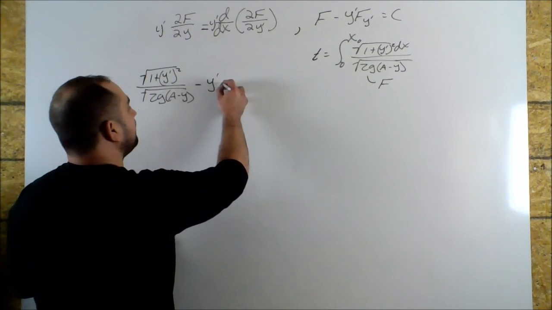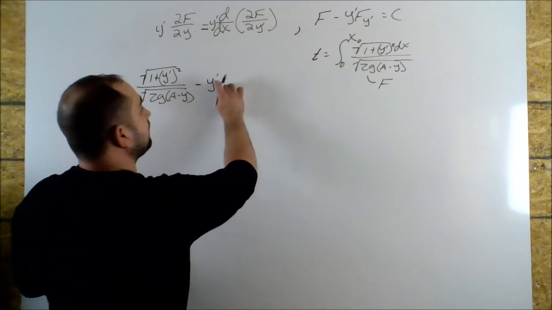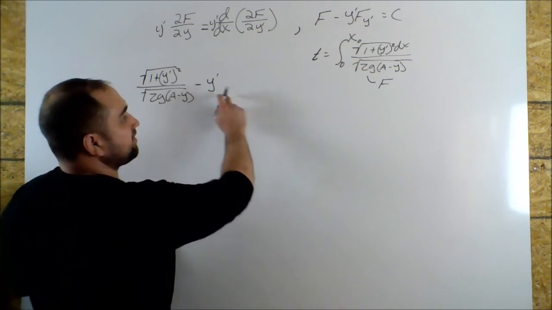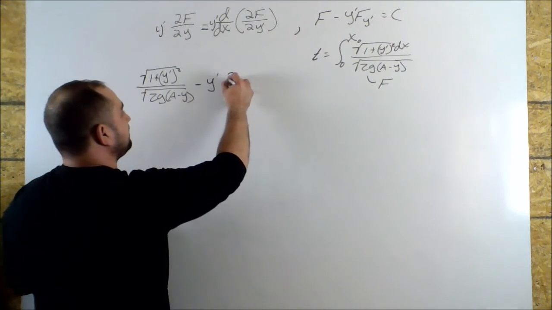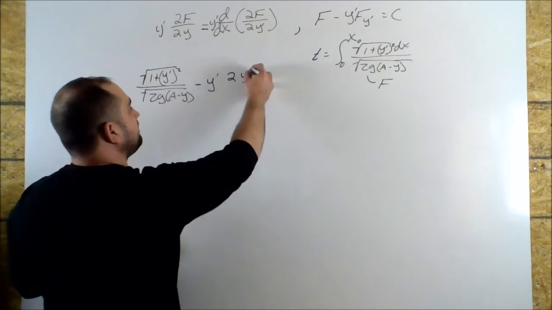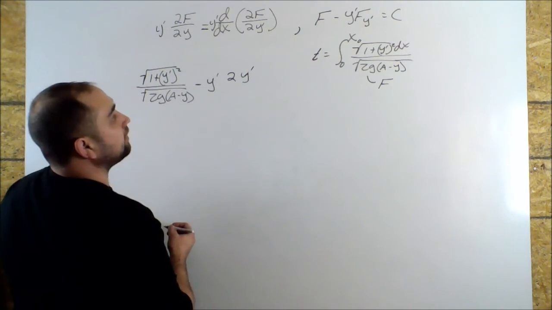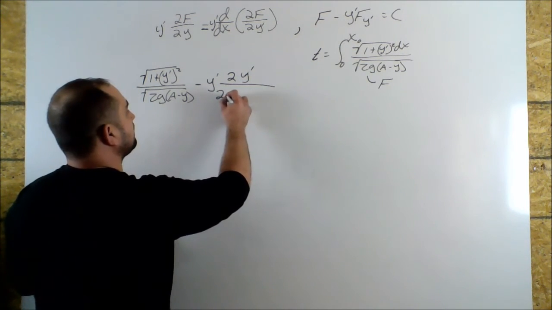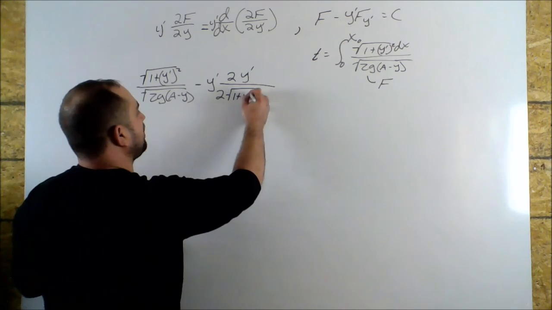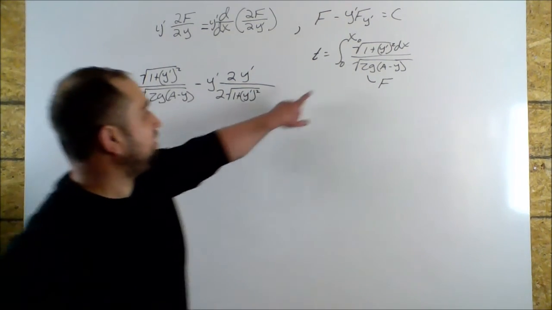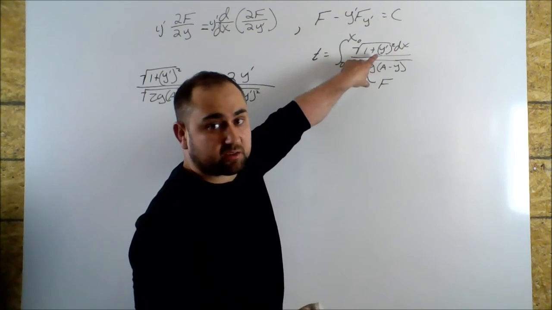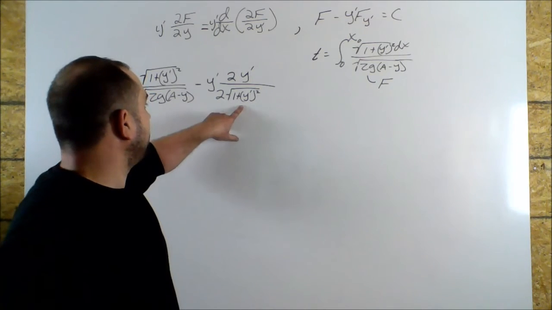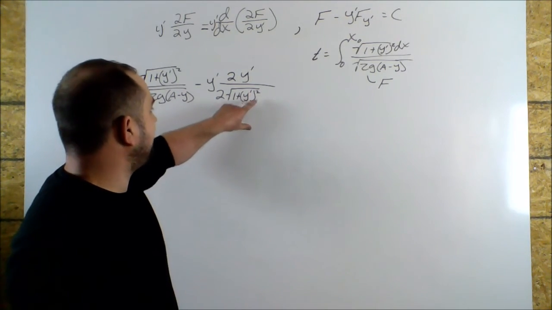I'd have y prime, and then I'm differentiating, so I would get this, 2y prime over 2 times the square root of 1 plus y prime squared. So I'm just differentiating the first part here, the part that has a y prime in it. So I would get 1 over 2 square root of the integrand times the derivative of what's inside.